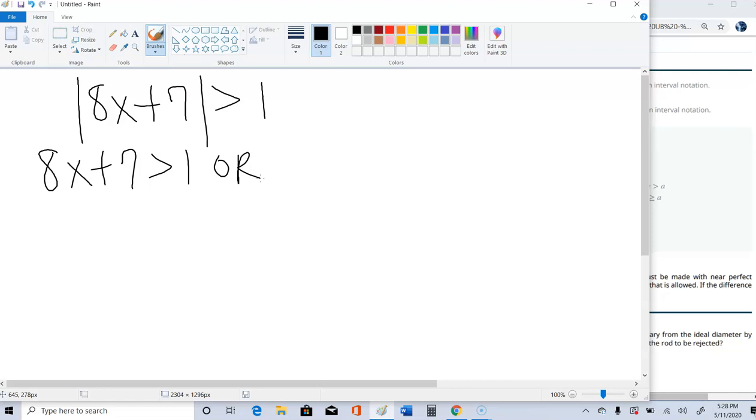The second inequality is opposites. So we have 8x plus 7. The opposite of greater than is less than, and the opposite of 1 is negative 1. Now we can solve each linear inequality.